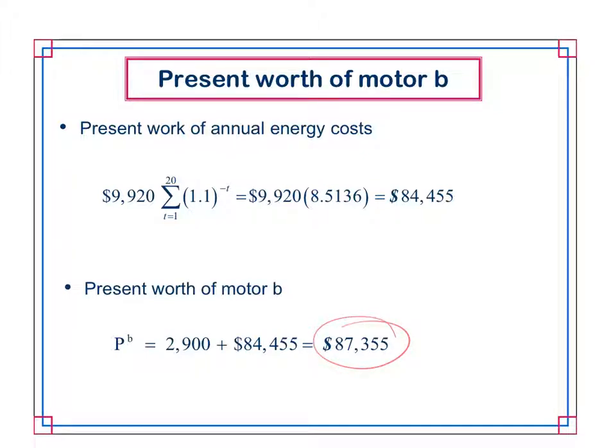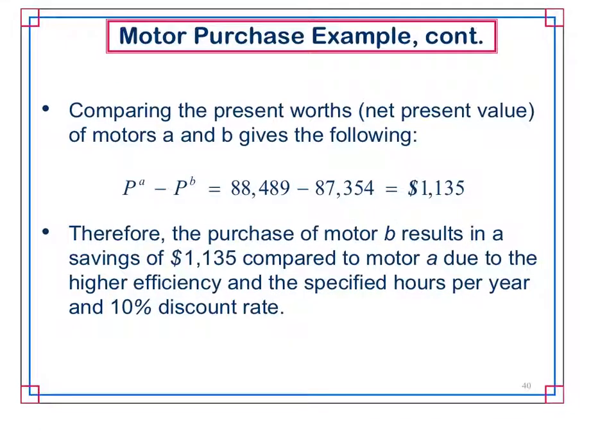So there's not a huge savings between the two, but if you go with the more efficient motor, motor B, you're going to save $1,135 over 20 years. The trivial amount of savings over 20 years would probably say don't bother because 20 years is a long time, but you get the idea of how to do the calculation.